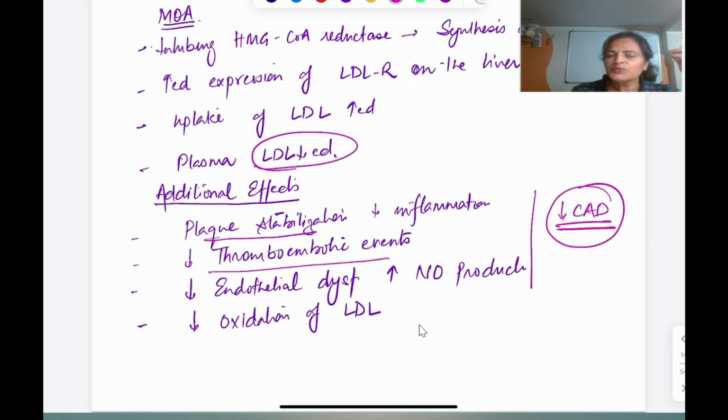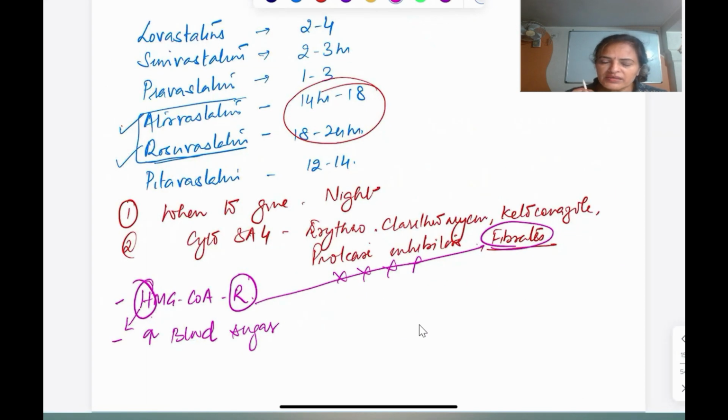So once you are giving this drug to a diabetic patient, you adjust the dose of that patient's anti diabetic medication, because this drug is also going to increase the sugar level. Accordingly you have to increase the dose or add some other anti diabetic drug. But what I mean is, though it increases blood sugar, we still give this drug even to the diabetic patient.